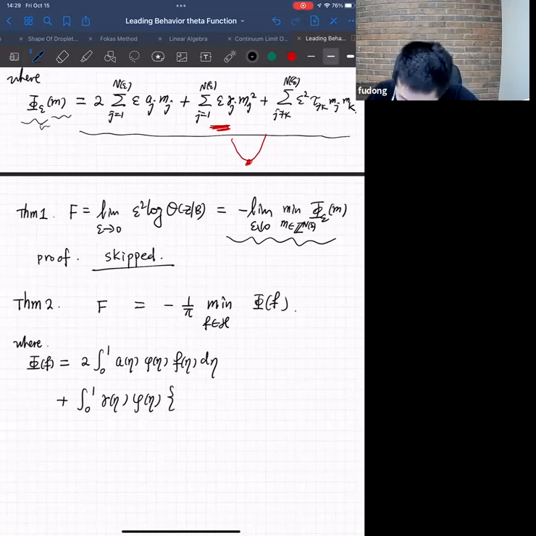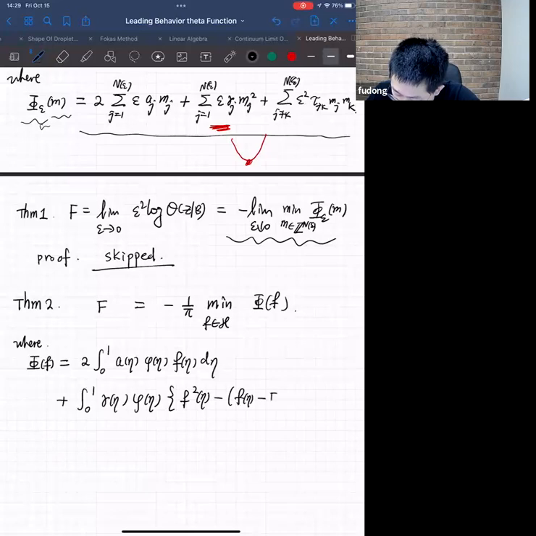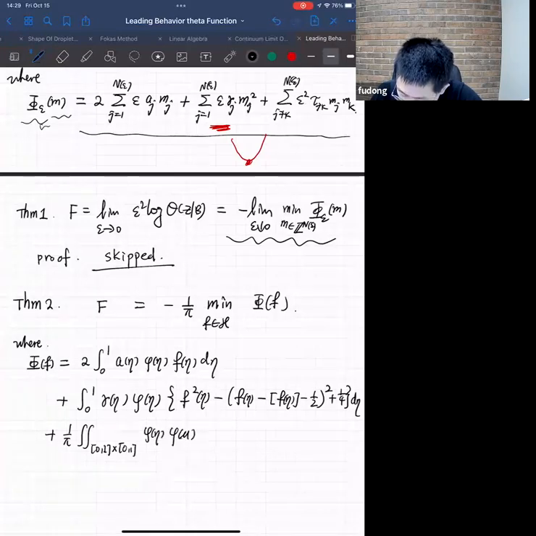That's the magic part. Then 2 eta, 2 f squared eta minus f eta minus the integer part of f eta minus 1/2 squared plus 1 over 4, d eta, plus 1 over pi double integral of phi eta phi mu tau eta mu f eta f mu.